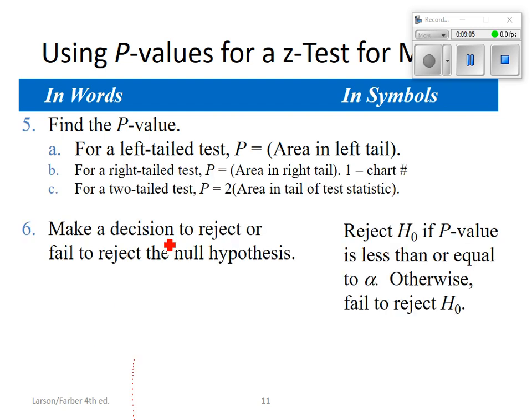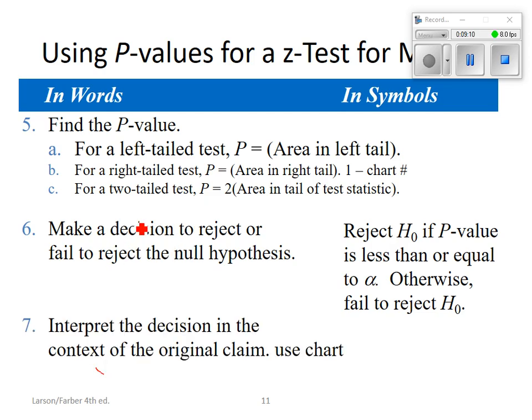So if you're using the p-value, which we're not going to do, then you compare the p-value to your alpha, and you could go from there. Remember, if the p-value is less than or equal to alpha, then we reject the null.